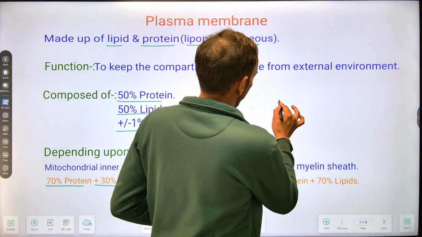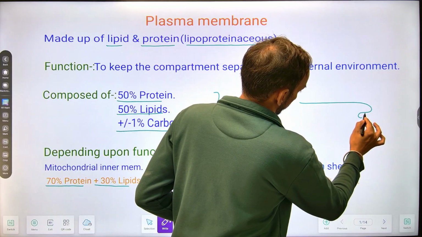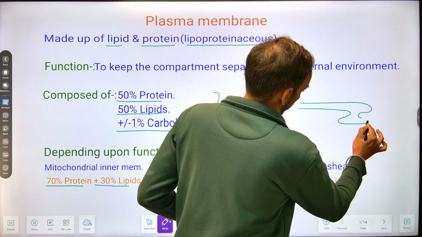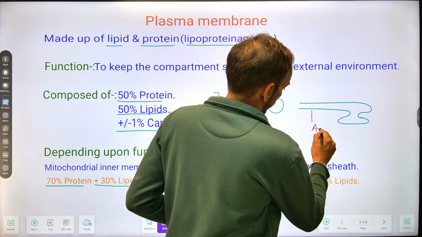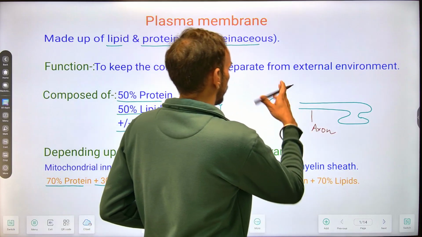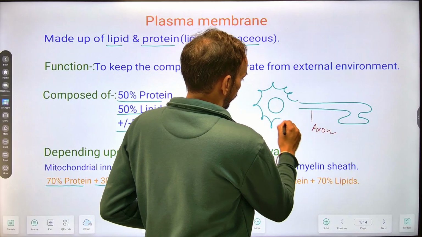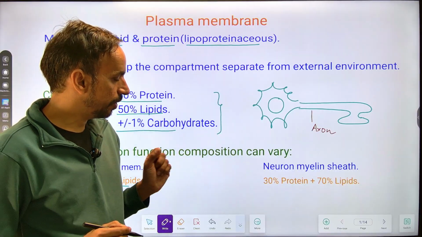We can draw over here the structure of a neuron, which has the axon terminus. There is a presence of an axon, and this structure is called dendrites. आगे बात करेंगे when we talk about animal physiology.